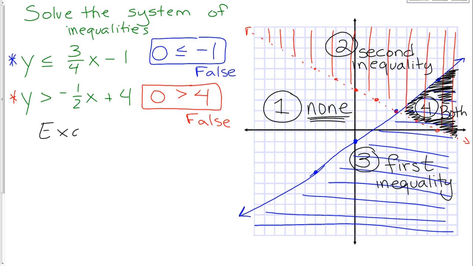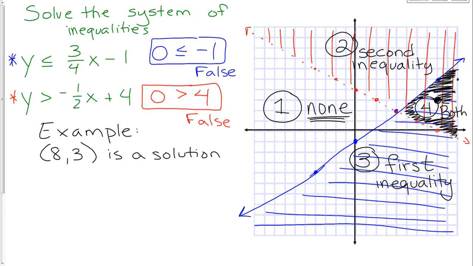So for example, one solution here would be the point, I know it's tough to see, that point right there would be the point 8, comma 3. So 8, comma 3 is a solution.